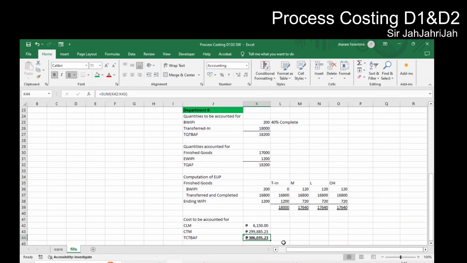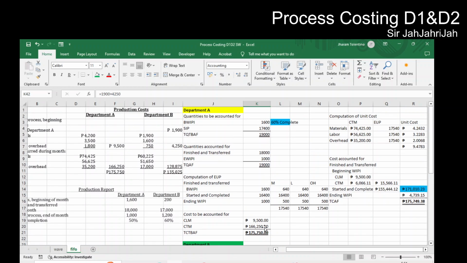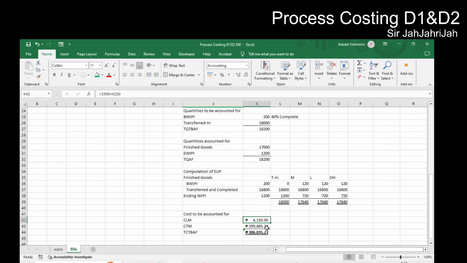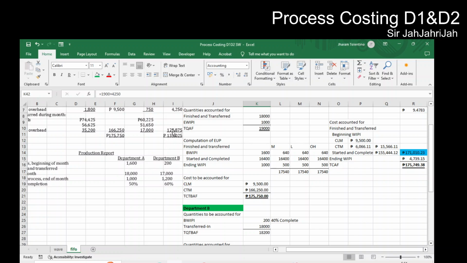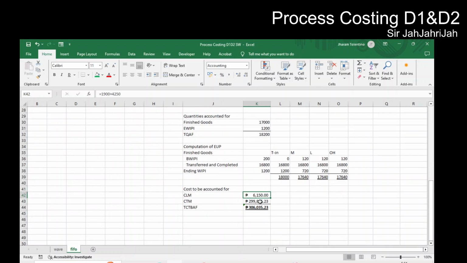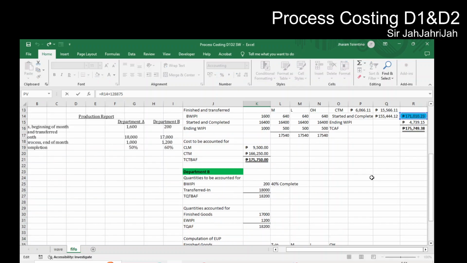So we have 306.35.23. So again, we have the beginning cost last month. How much is this again? 1,900 plus 4,250. And then we have 128,875 plus 171.10 times 3.